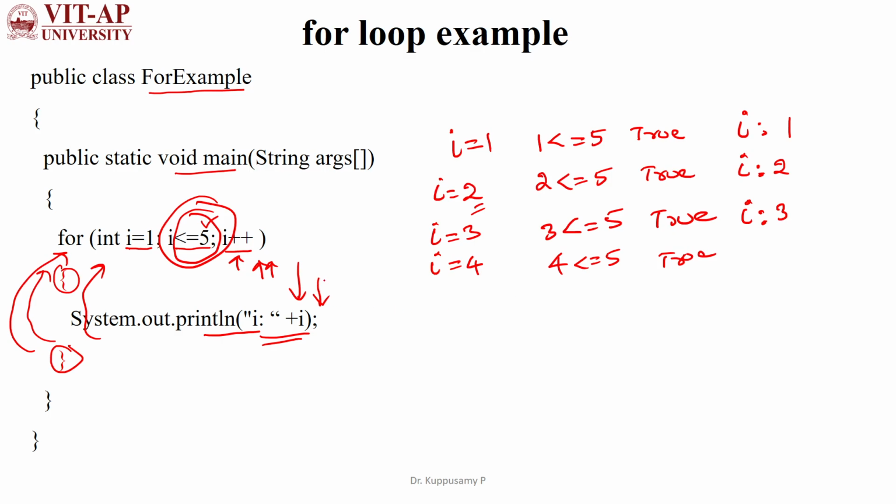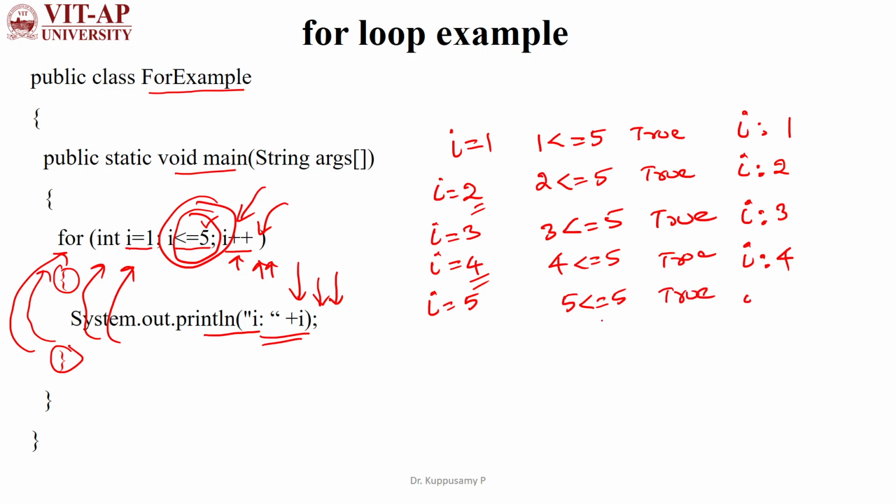Then again it gets inside the for loop, System.out.println, "i:", here the i value is 4, so 4 is printed. Again i is incremented based upon this increment operator, i equals 4 plus 1, 5. So now again going back, now 5 is checked with the condition 5 less than or equal to 5. Then it is true.